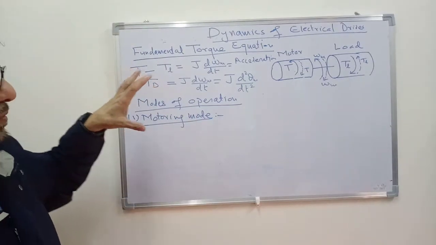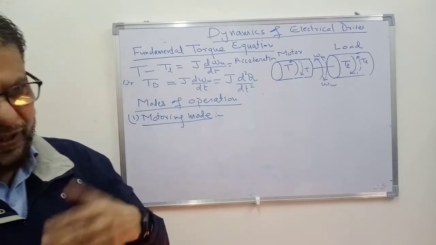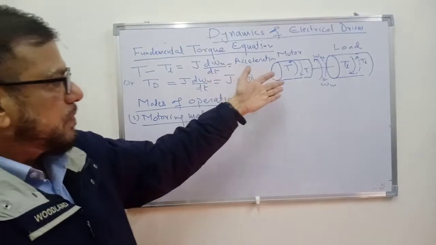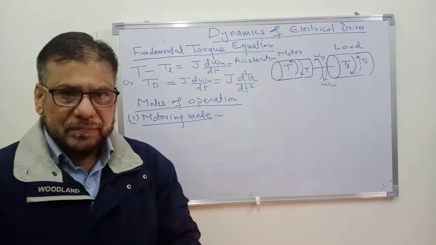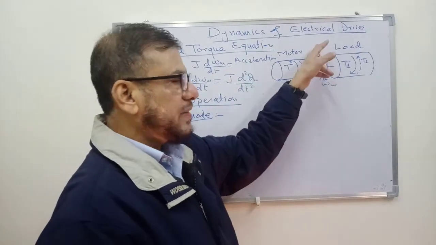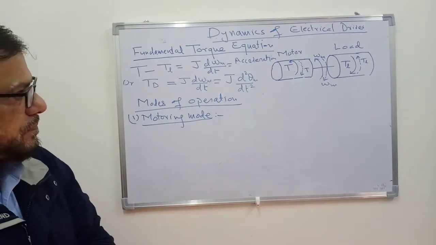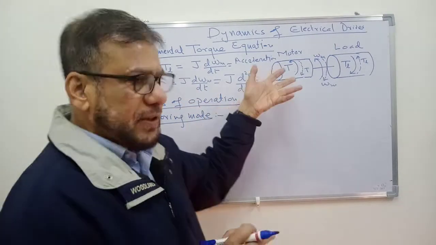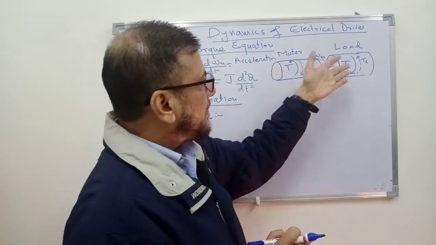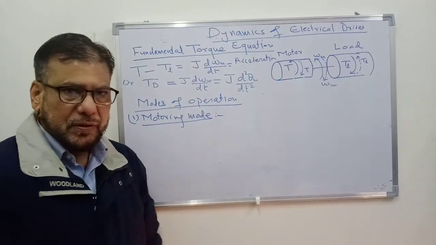You give supplies to the motor, it develops some torque in one direction, say positive direction, and because of that torque, the motor starts moving in the positive direction. Energy is produced by the motor and it is supplied to the load. So this is known as motoring mode.